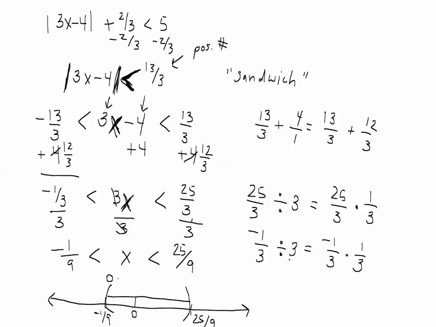Another way of graphing this would be to draw open circles and then connect the two. The solution in interval notation is parentheses minus 1/9, comma, 25 over 9 parentheses.